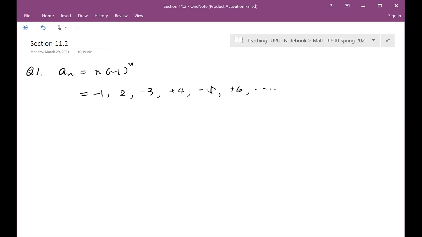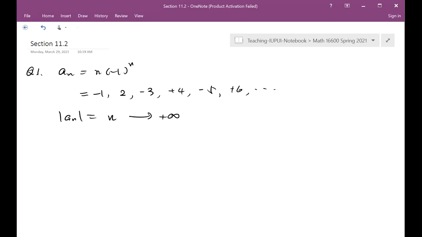And it's not bounded, so you can take an absolute value, and clearly this goes to infinity, right? So this is unbounded, yeah, this sequence is unbounded, and it's not monotonic, right?